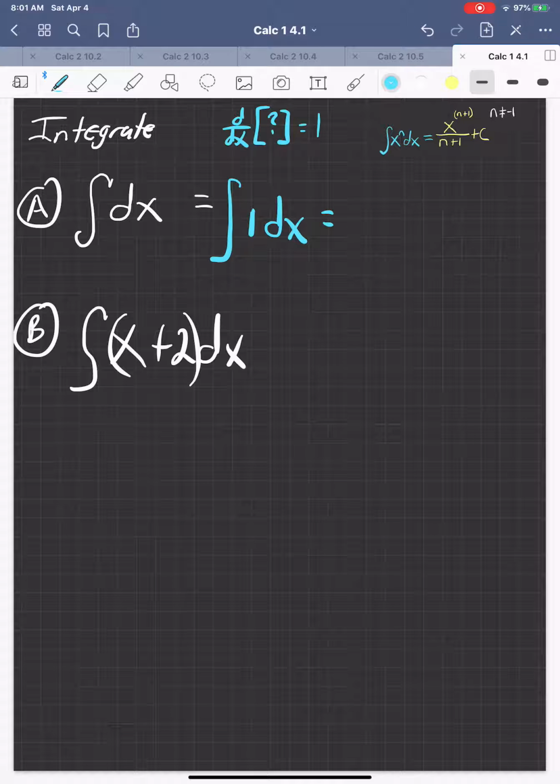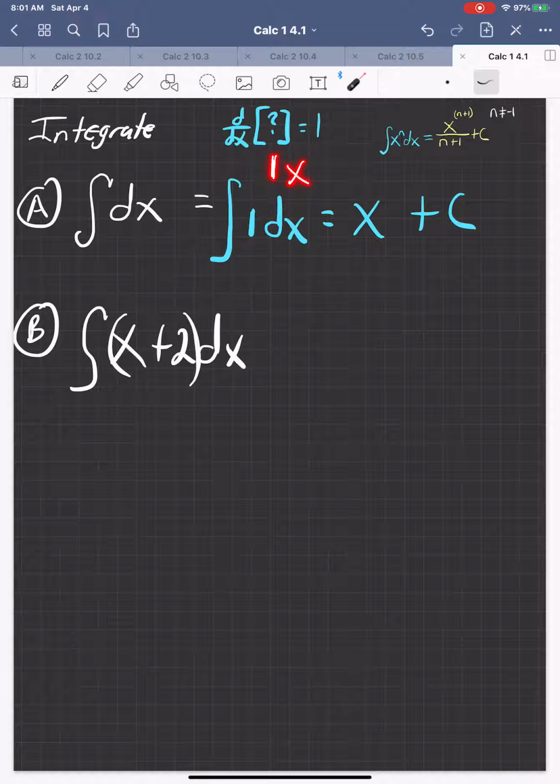So this ends up being x plus c. You could apply the power rule if you really wanted to. I'm not going to go into much detail here, but if you thought about that as 1 times x to the power of 0, you could then apply your power rule, if that helps.